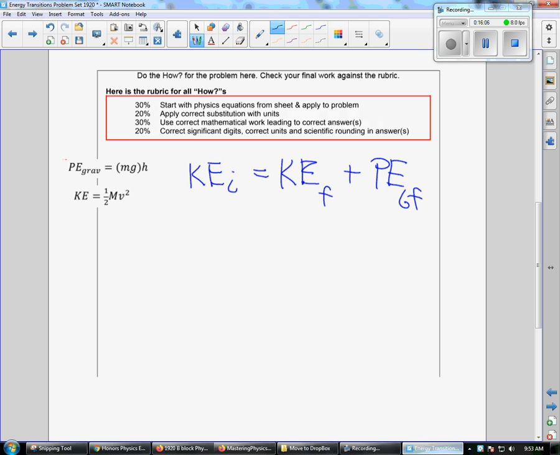So, 1/2 mass of the ball, speed of the ball initially squared equals 1/2 mass of the ball, the final speed of the ball squared, plus mass of the ball times the gravitational field strength on this planet times the maximum height.